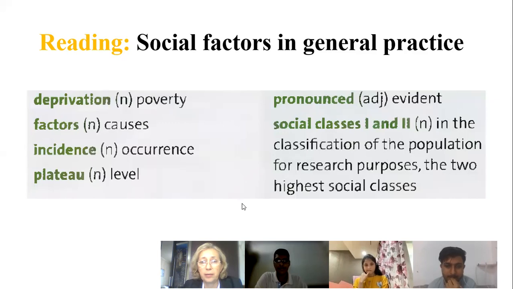Pronounced is the same as evident. And there is information about social classes 1 and 2. This is the classification used when we speak about population in research, for research purposes. The 2 highest social classes. Class 1 is the class with very high income.